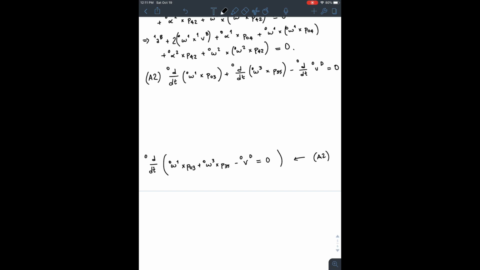This is all equal to 0. Okay. Once I've distributed that, I no longer have any use for this, so let's delete that.